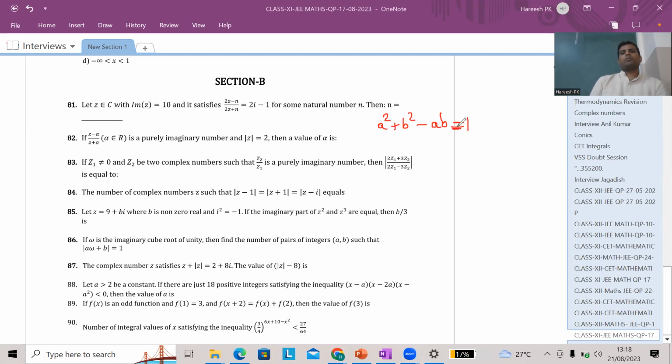So now we'll have to use inspection. If one of them is 1, another is 0, there are 4 combinations, right? 1 comma 0, minus 1 comma 0, 0 comma 1, 0 comma minus 1. These will satisfy. So the answer to this question is there are 4 pairs.